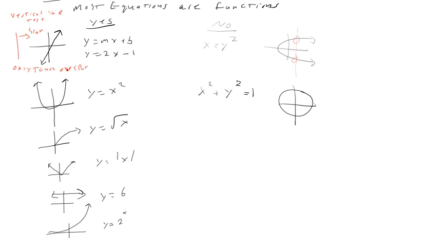Or like x equals the absolute value of y. This is our sideways absolute value sign, also not a function. Or even something like x equals 6. A vertical line straight up and down is not a function.